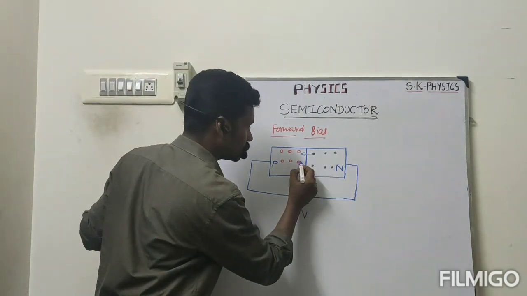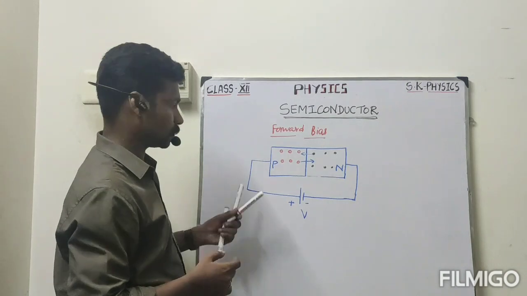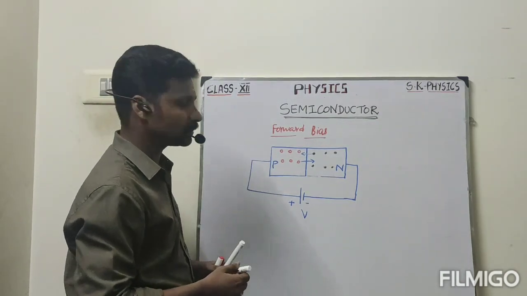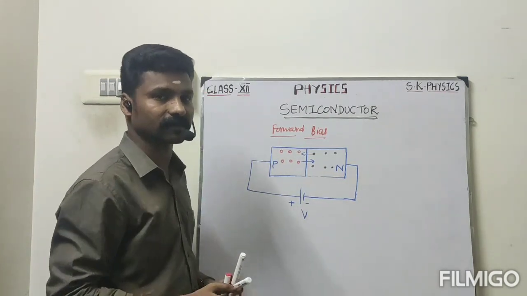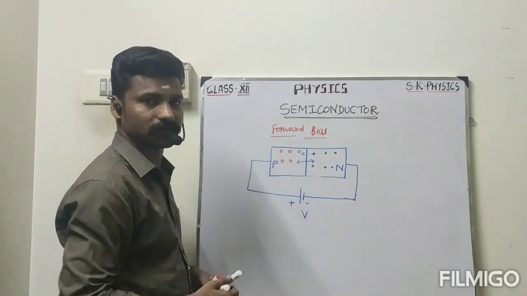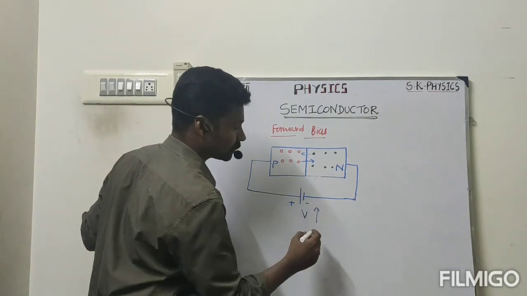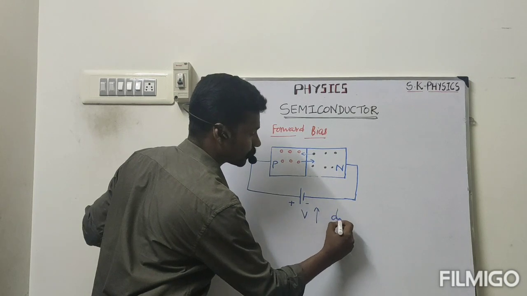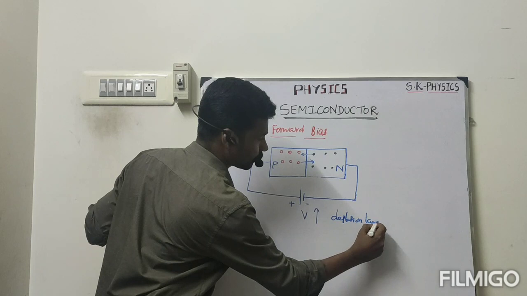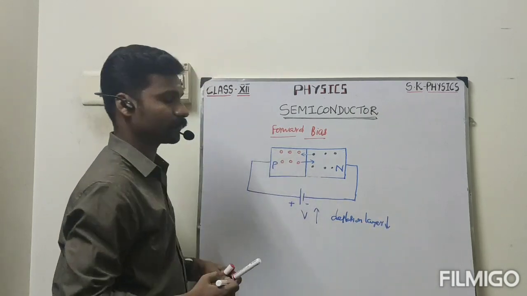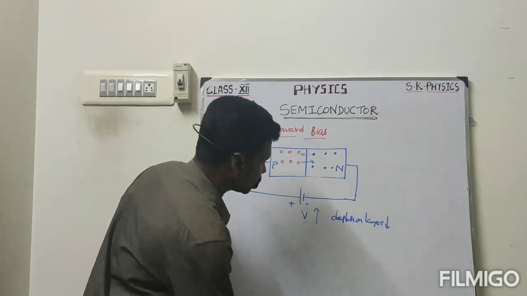Like that, the holes move towards the N region. So here the depletion region, the depletion layer, is going to reduce. When the potential is increasing, the depletion layer is reducing.